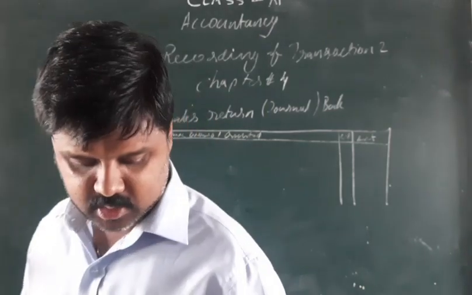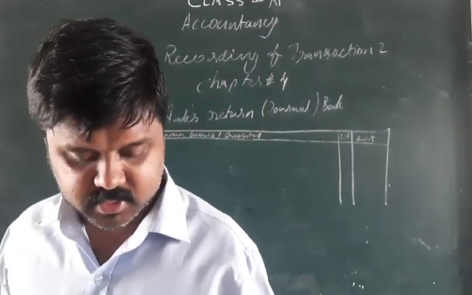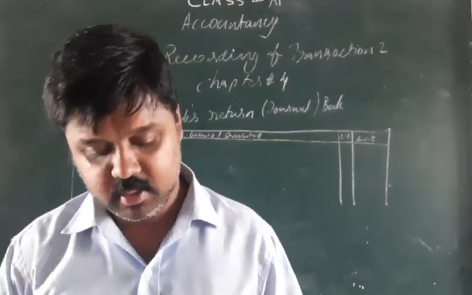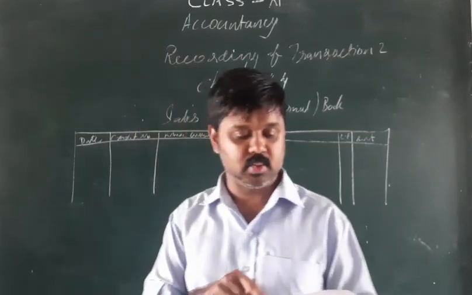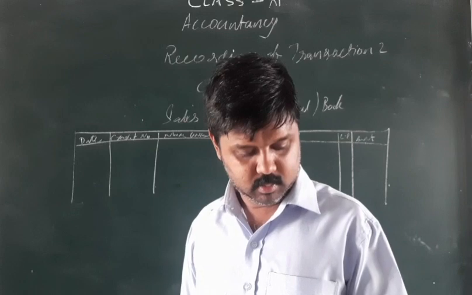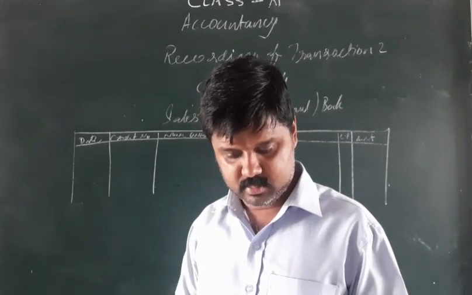This is the format. Let us see one simple question, then you will understand properly. Thereafter, for better understanding, you need to solve many other questions. See here one illustration.